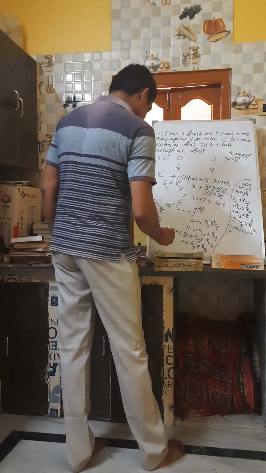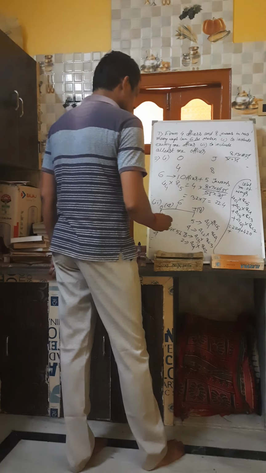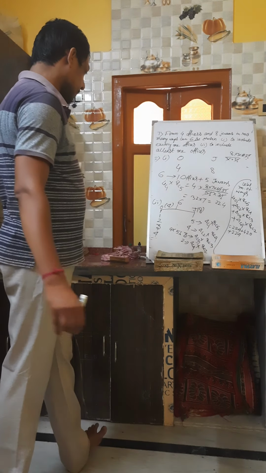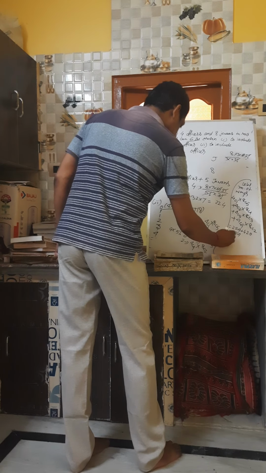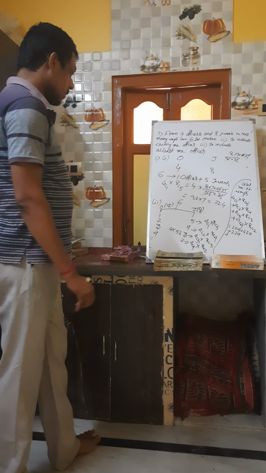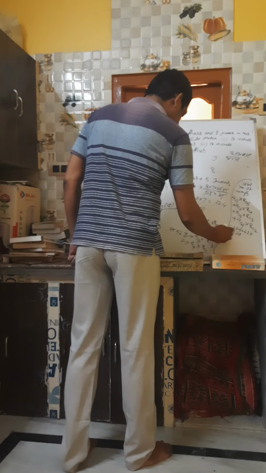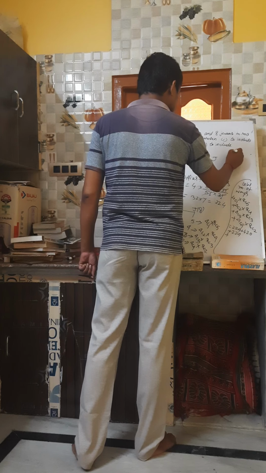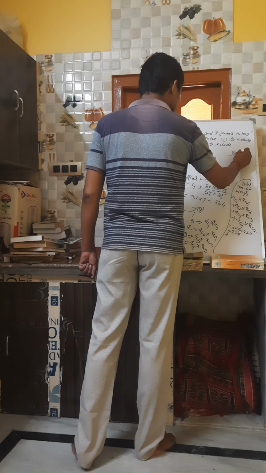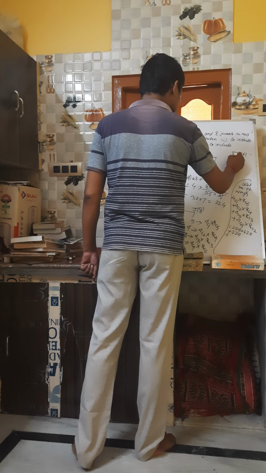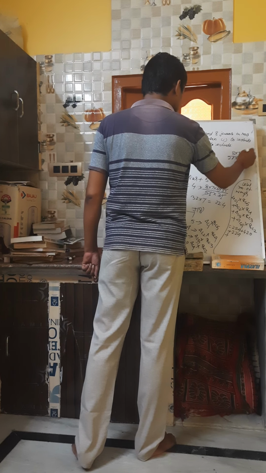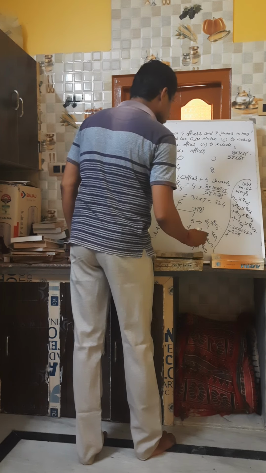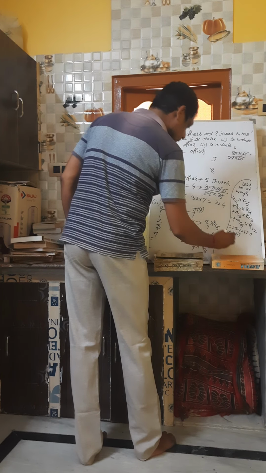So 56 into 4 will be 224. Then 4C4 means 1. 8C2 means 8 into 7 into 6 factorial by 2 factorial into 6 factorial. It will get cancelled, 2 into 4 is 8. So it will be 28.